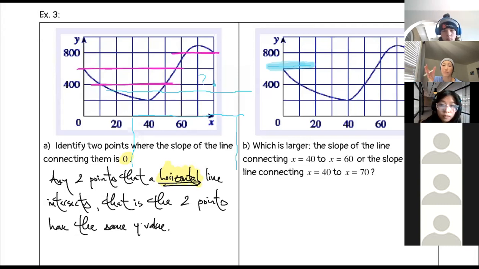Okay. So a horizontal line has a slope of 0. And the bigger idea here, we could draw so many lines that have a slope of 0. But the bigger idea here is exactly what Ethan expressed, which is any 2 points that have the same y value are going to make this true.